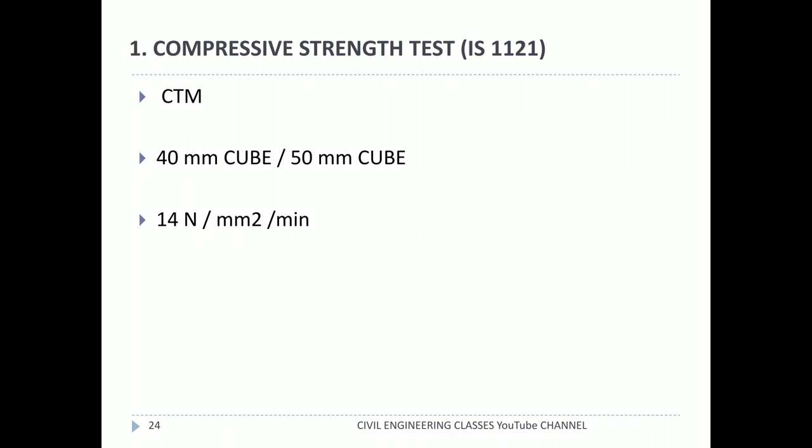A stone sample of size 40 mm or 50 mm cube is taken and crushed in a compression testing machine. The load is given at a rate of 40 Newton per mm square per minute. We know the crushing strength of a stone is the load at which the sample will get crushed or fail. So that's all about the crushing test.